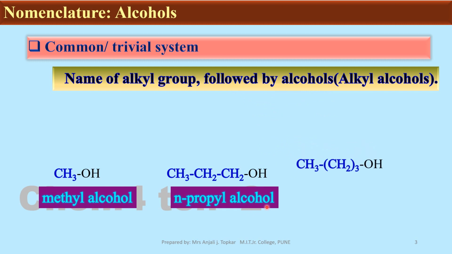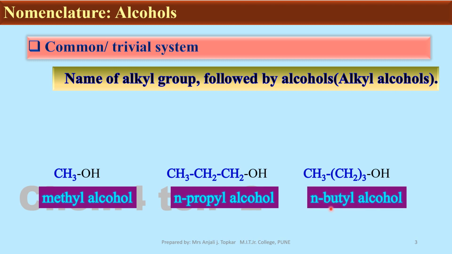Let's see another example. You can try on your own. Here, this compound contains 4 carbon atoms, CH3, CH2 three times and OH. So, the name of the compound is n-butyl alcohol.